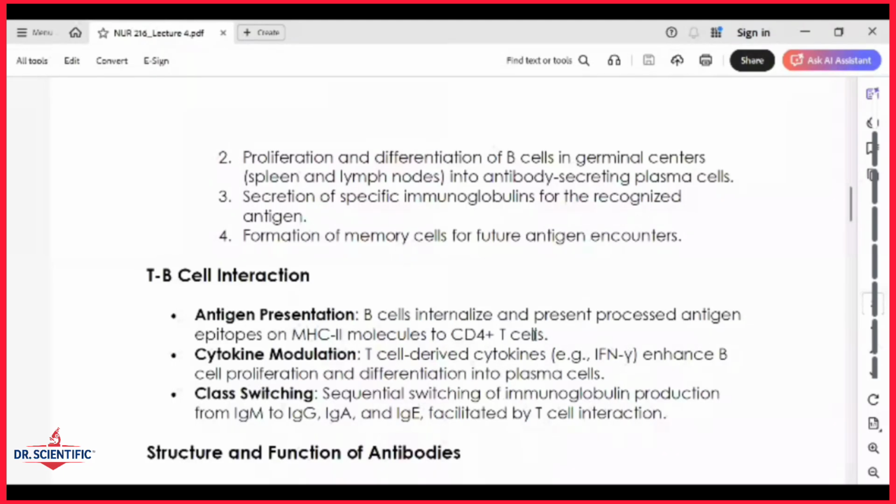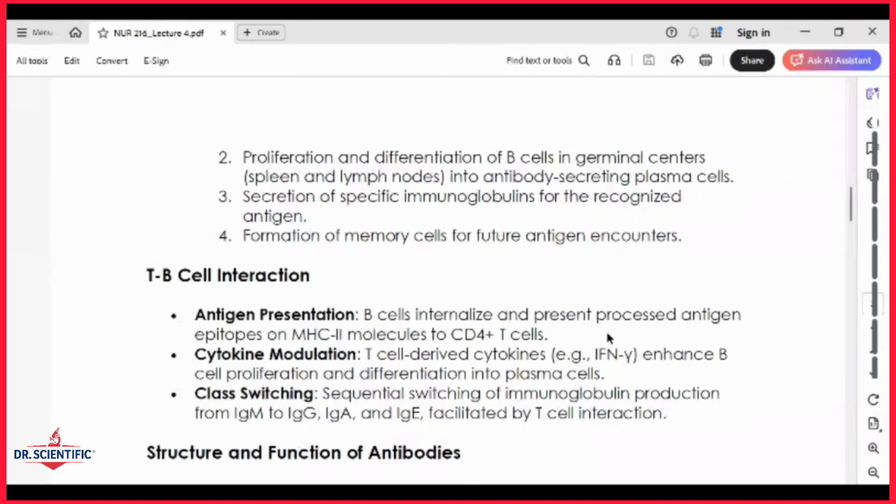Then the interaction between T and B cells can lead to cytokine modulation, in which T cells are able to generate cytokines like interferon gamma. Remember yesterday I said that interferon gamma is a major pro-inflammatory cytokine. So interferon gamma will trigger cell proliferation and differentiation.